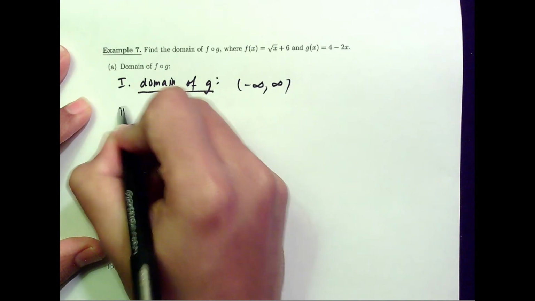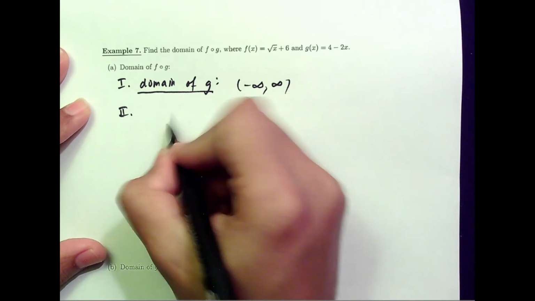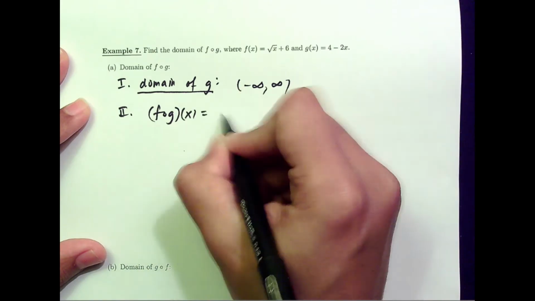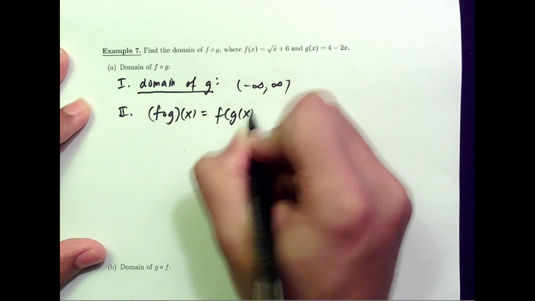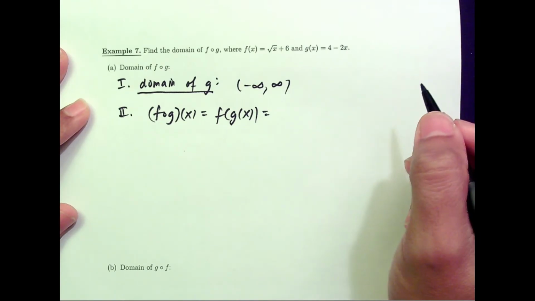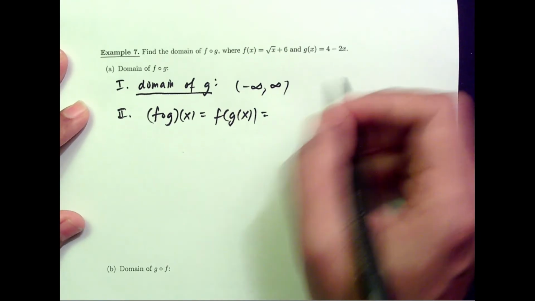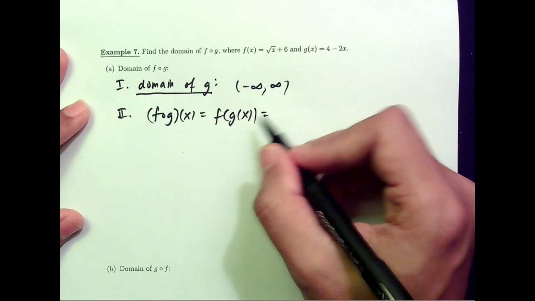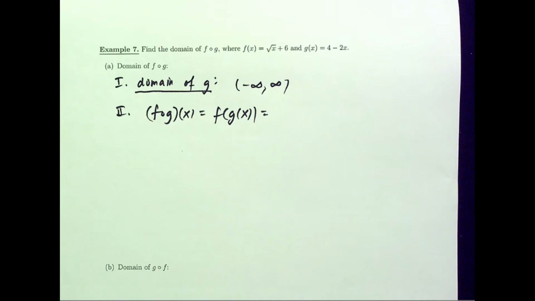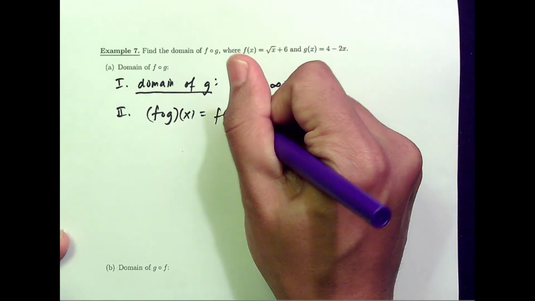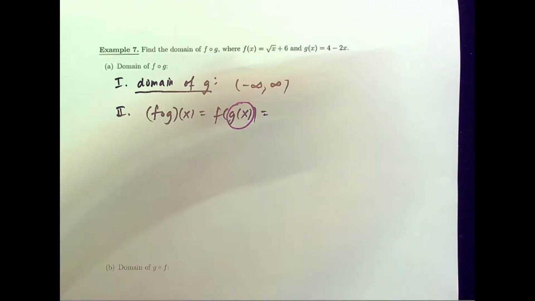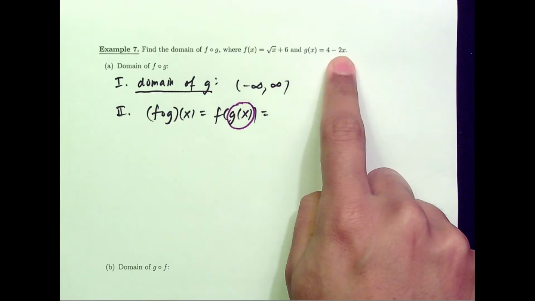Now we find what this is. We figure out what that is and find the domain of that. Okay, so this is going to be, I'm replacing the g of x with, g of x is what it is. The formula is right there.